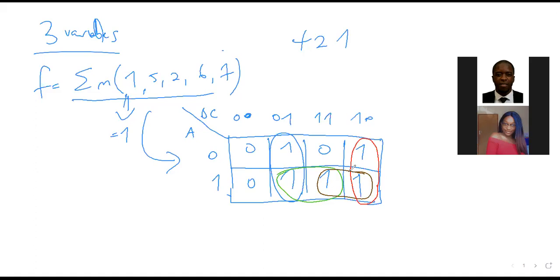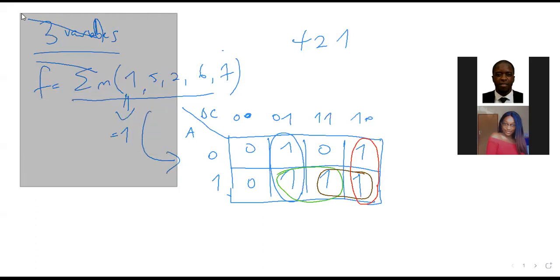Now we go to the simplifying stage. How do we then come up with the expressions which are simplified? Which one? Right, this one.